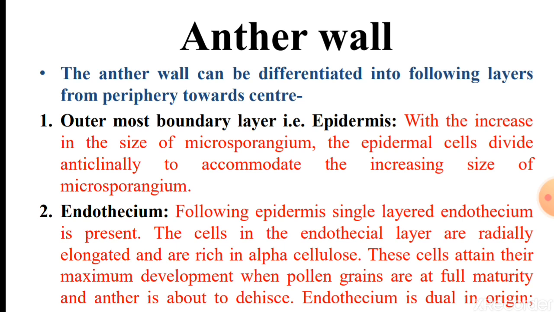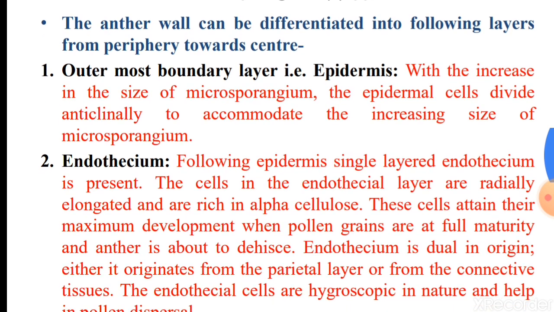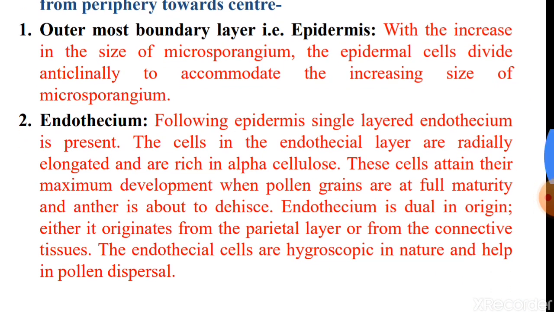Now the second layer, the endothecium. This is present following the epidermis. The endothecium is also single layered and is made up of radially elongated cells which are rich in alpha cellulose. These cells attain their maximum development when pollen grains are at full maturity and the anther is about to dehisce.